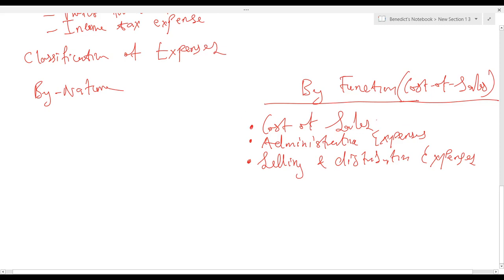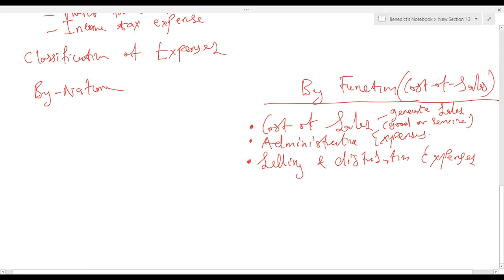If the function of the expense is to generate sales or to produce the primary service or product, the primary good or service that is being sold, then that item can be classified into cost of sales, including wages of factory workers and depreciation of factory expenses. They can all be classified into cost of sales.